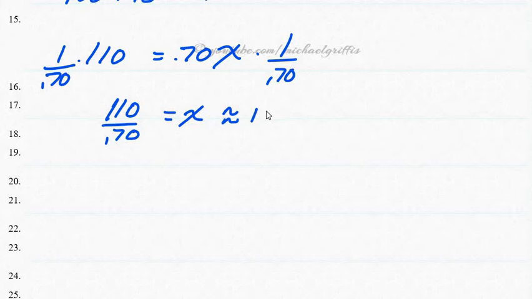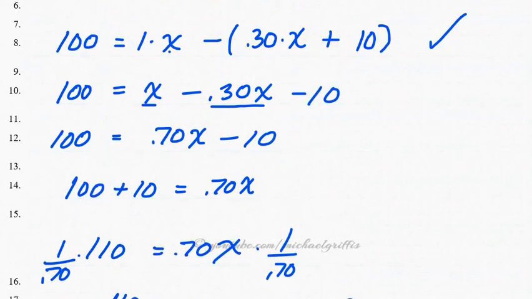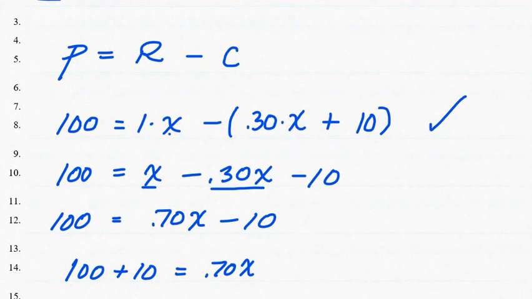I'm going to write some of it out here. 157.14428 and so on. But of course, we can't sell a fractional number of tomatoes, so what we could do is just round that down to 157 tomatoes. So he sold about 157 tomatoes.